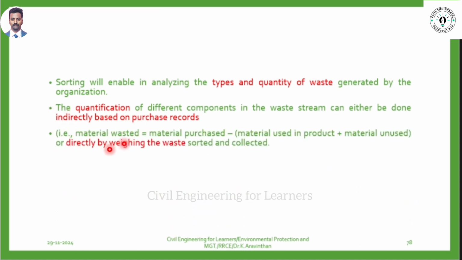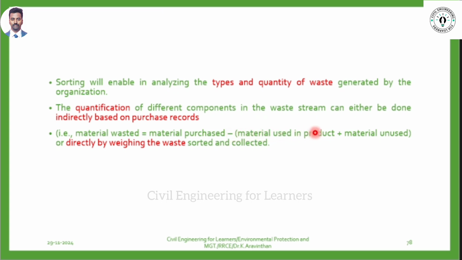How you can quantify the waste audit is, this is the basic formula. How much material you purchased, they will be getting in accounts. So if they purchased 1000 tons of wood, they can calculate the weight, no? Then how much waste is produced, how they can calculate is how much material purchased minus materials in product.